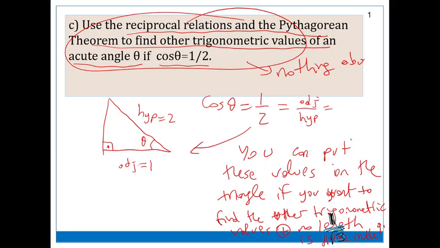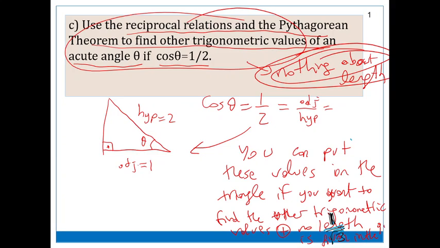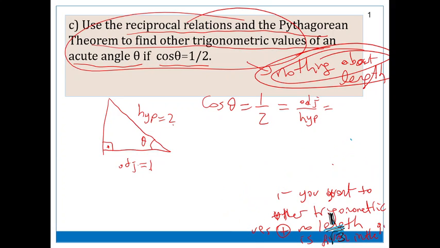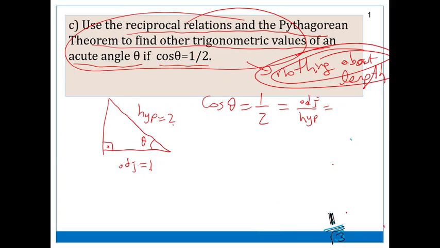If one of the lengths is given, then you cannot make 2 into 1. It's just for the ratios. We are doing it for the ratios. If the length is given, you have to be careful about the ratios, because cosine theta is just a ratio.